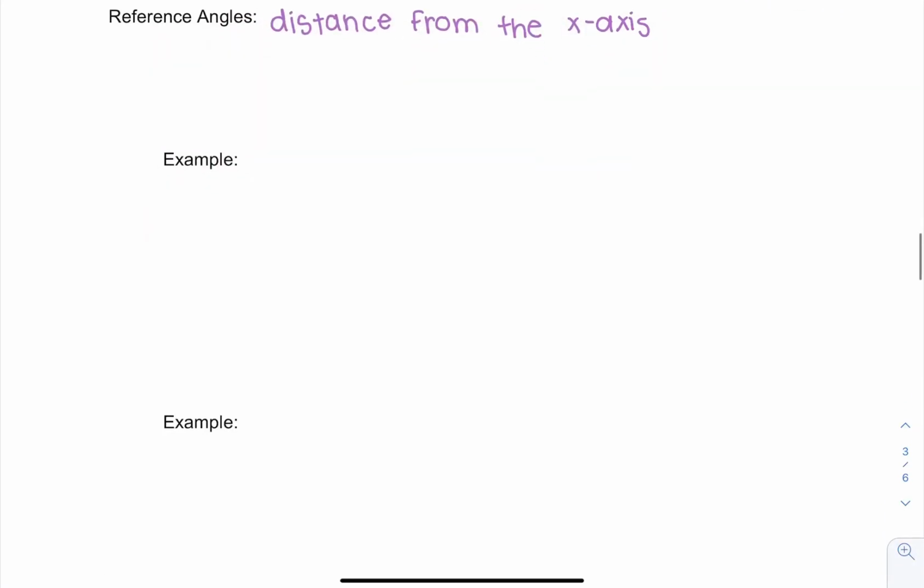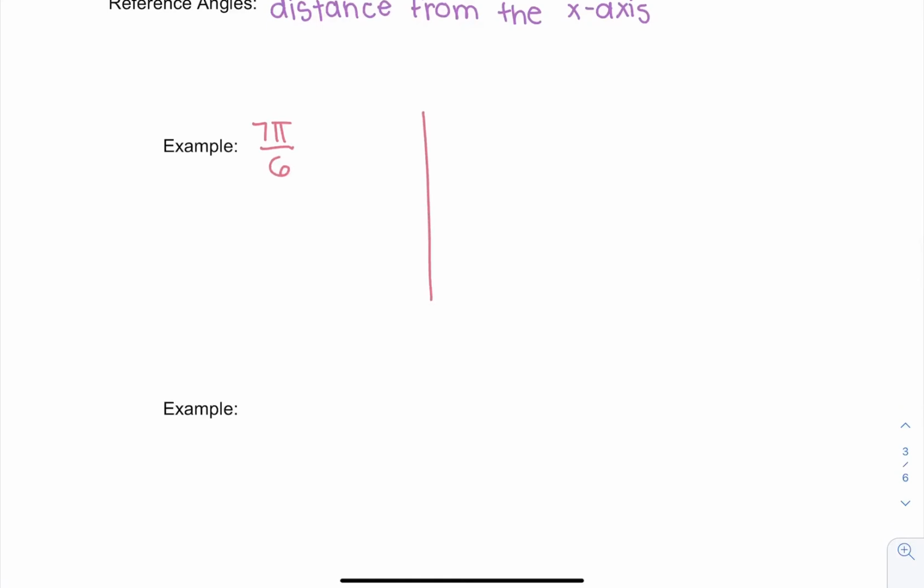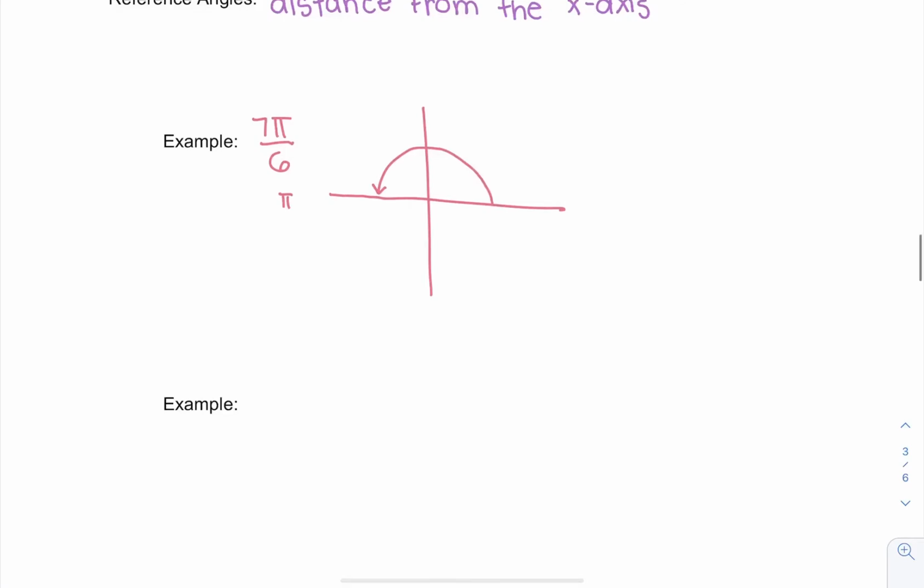So, say I have 7 pi over 6. The first thing I need to do is figure out where that is. I know here is pi. Well, pi, if I multiply by 6 over 6, is really 6 pi over 6.